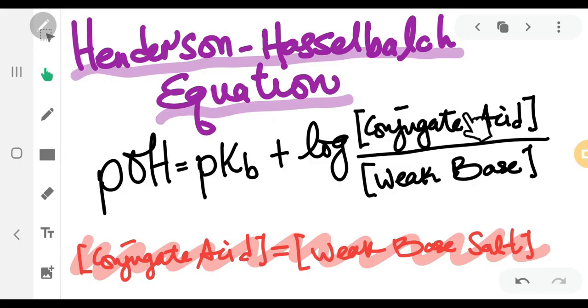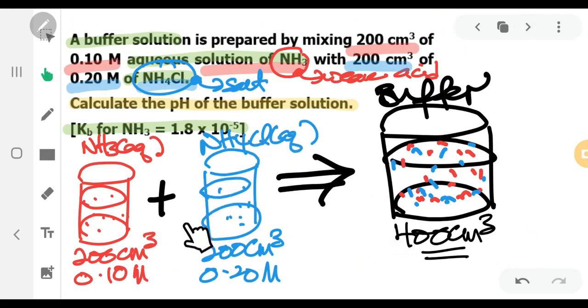The concentration that we have over here, you cannot take this concentration. It's a misconception when you get questions like this. This is the initial situation before they are being added together.